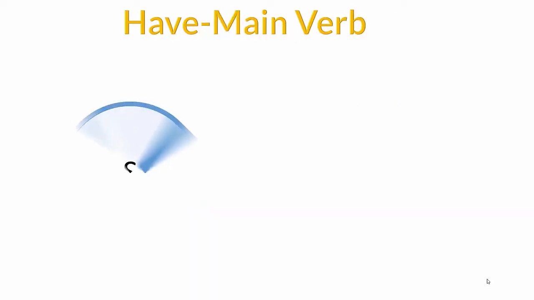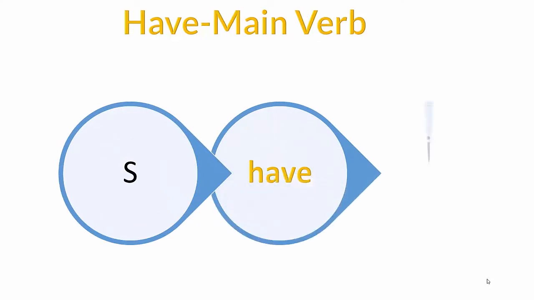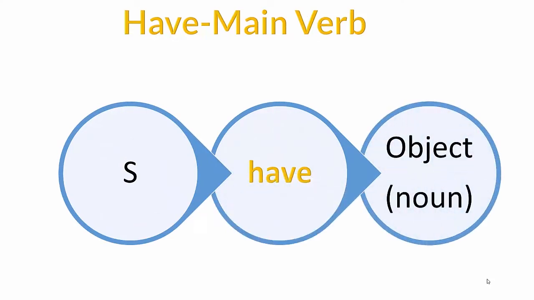Have as a main verb can be understood like this. Have should be followed by an object if have is used as a main verb. The object may be a noun or any other verb according to the situation. And in this situation also, have is always in relation with the subject.